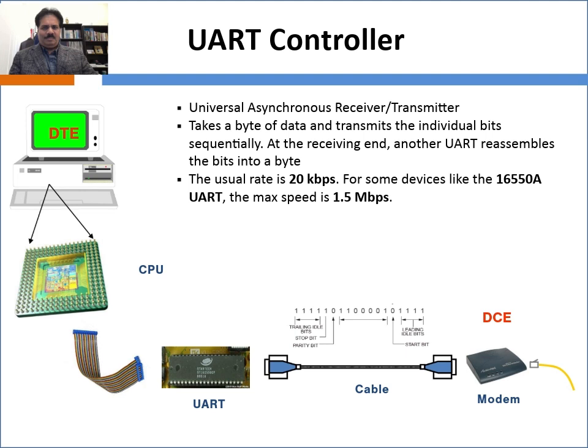So, UART is capable of up to 1.5 megabits per second. Usually, for standard UART applications, from computer to printer, for example, those kinds of UART being used, they use a 20 kilobits per second data rate. Okay, that is what I wanted to let you know about UART, which is a very important controller as far as transmission of data or standardization of physical layer interfacings are concerned.